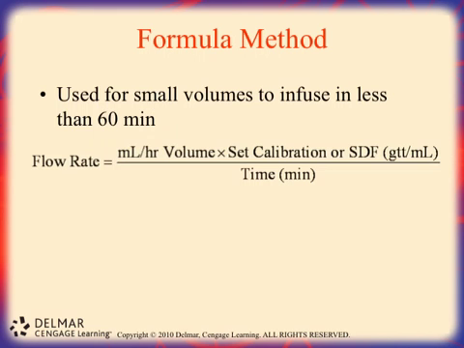Next, we'll move on to the formula method. The formula method is used for small volumes to infuse in less than 60 minutes. It's especially helpful if you have an order that might say to infuse, let's just say, 60 milliliters over 30 minutes.